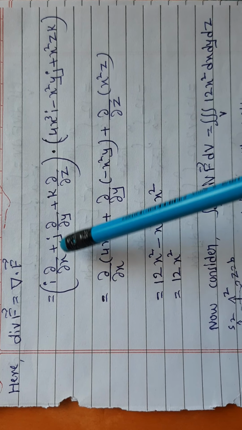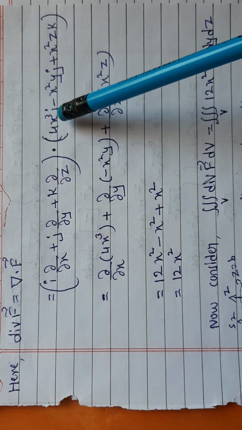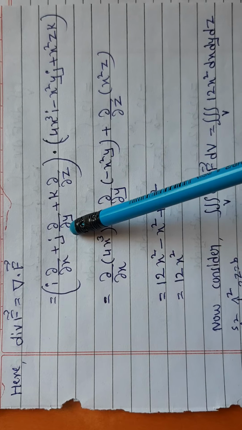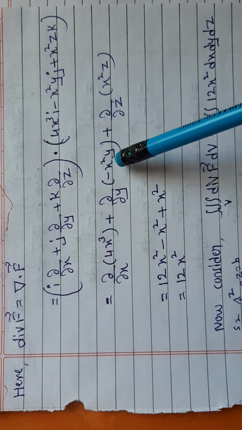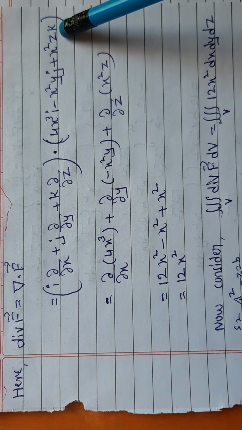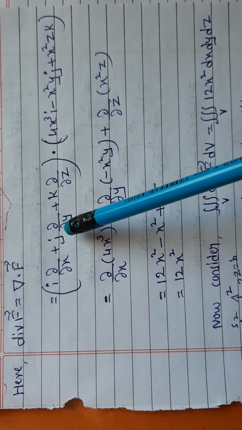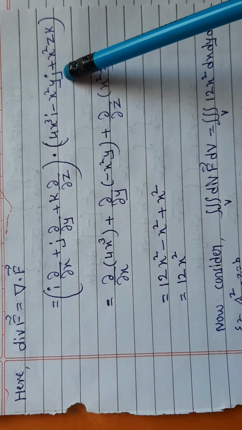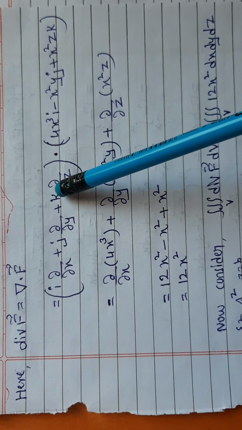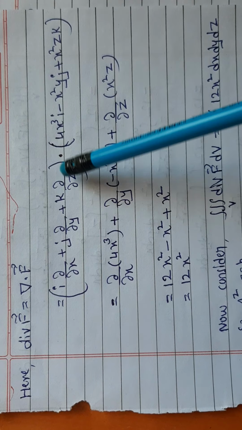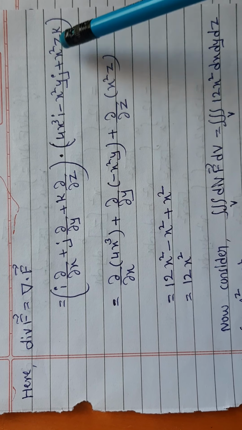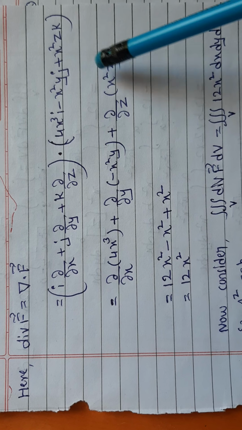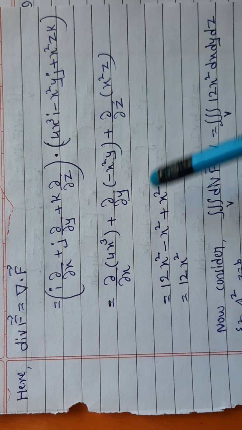Then ∂/∂x of 4x^3, plus j dot i is 0, j dot j is 1, and j dot k is 0. Therefore ∂/∂y of -x^2 y, plus k dot i is 0, k dot j is 0, k dot k is 1. Therefore ∂/∂z of x^2 z.